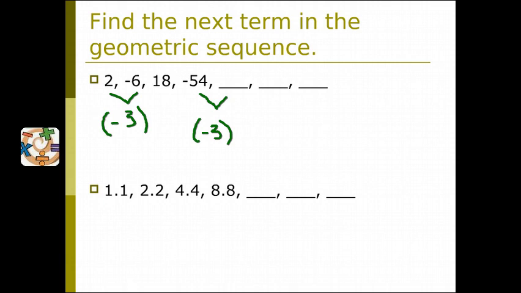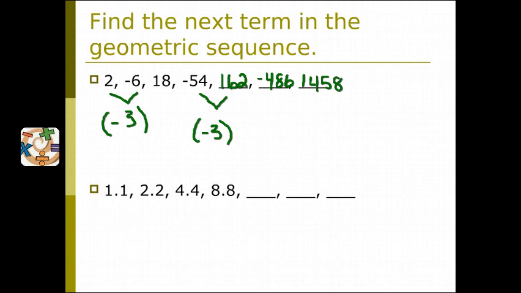Negative 54 times negative 3 is positive 162. 162 times negative 3 is negative 486. And then negative 486 times negative 3 is positive 1,458.